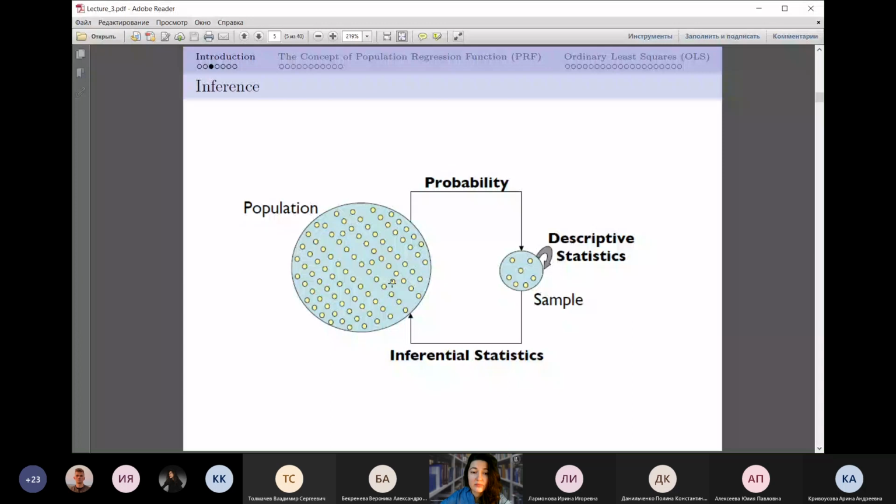And all statistical techniques can be divided into groups. Could you hear me? Because I have some message about bad network quality. Yeah, I hear you. Okay, so if there is some problem, let me know, okay?